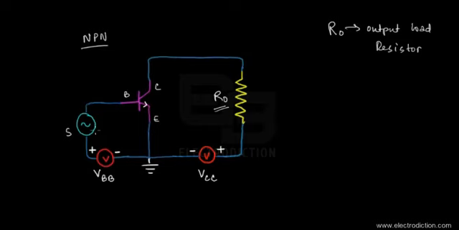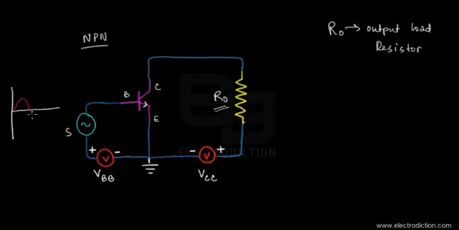Now that we have this at the input, whenever the signal is high, the base emitter junction would be forward biased. Let me first draw the waveform over here.